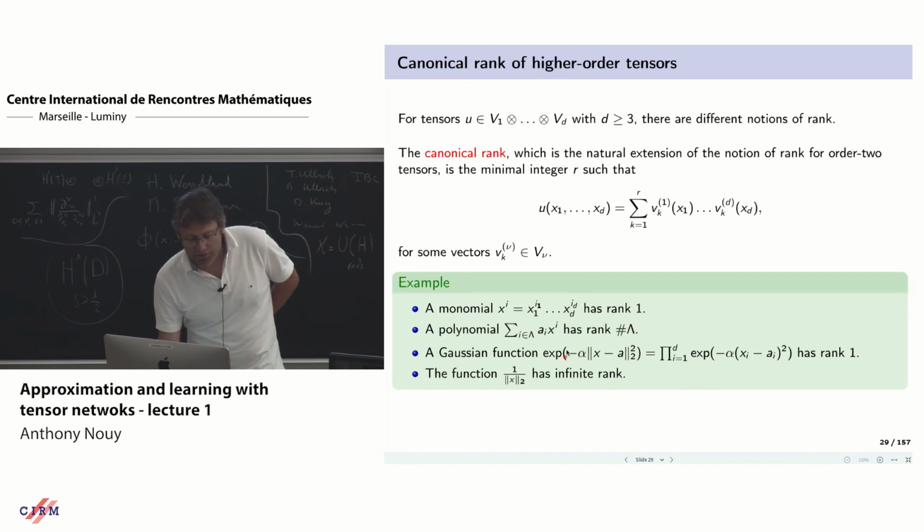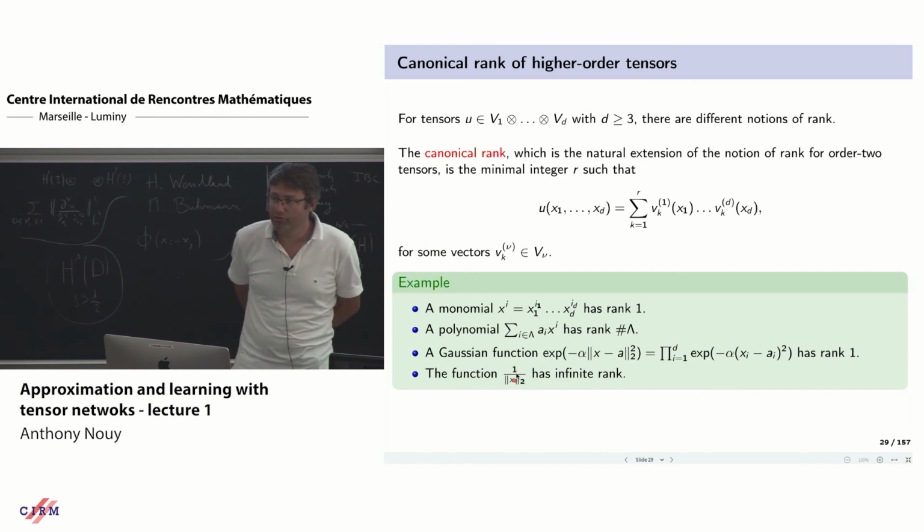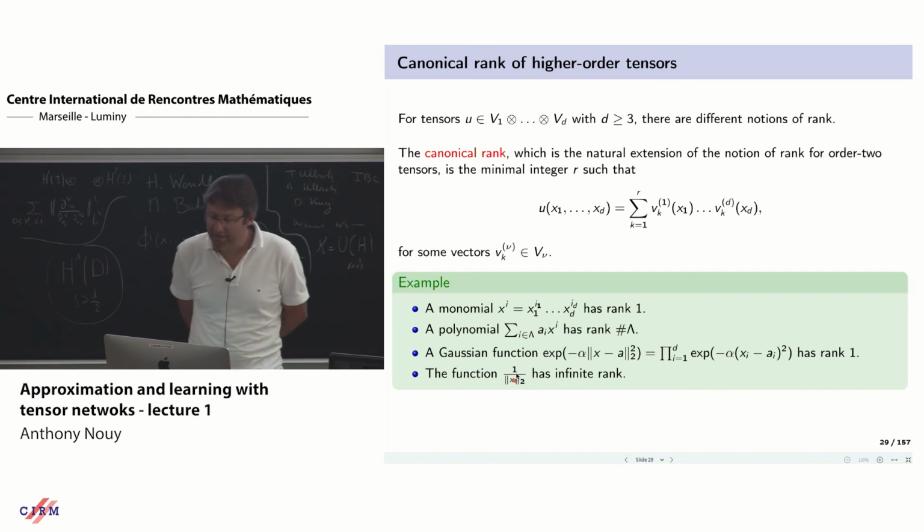If I take a Gaussian function, exponential of minus alpha times the squared norm of x minus some vector a, this can be written as a product of exponentials of the individual variables x1, x2, and so on, and clearly it has rank 1. The function 1 over the 2-norm of x now has an infinite rank. Okay? Infinite canonical rank.